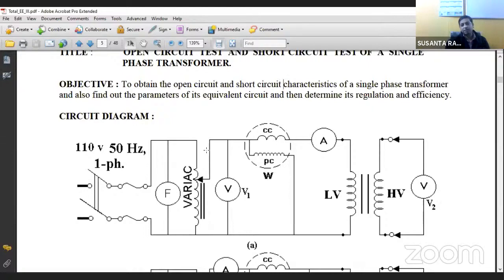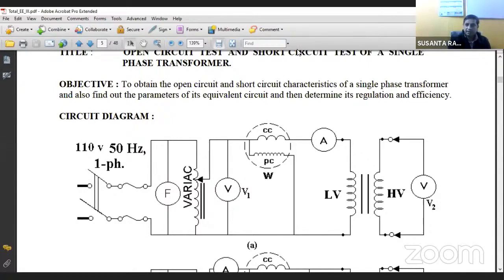Then you have to start with 10 volts, 20 volts, 30 volts. In this way, you change the input voltage to the primary of the transformer up to 120% of the rated voltage. Why so? Because we want to see how the core loss changes with respect to the input voltage. But ideally the open circuit test should be performed at the rated voltage only.